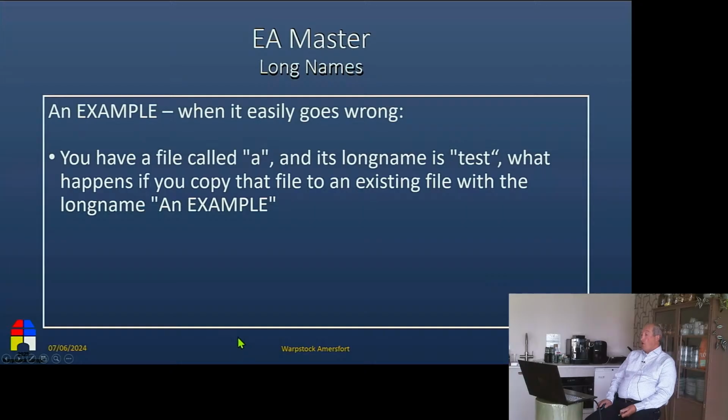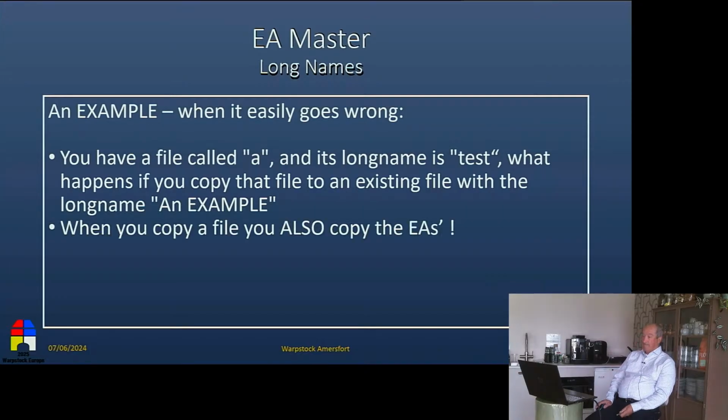So if you copy that file over an existing file that has a long name, what happens? You copy the file contents and you copy the EAs, among which is, of course, the long file name.